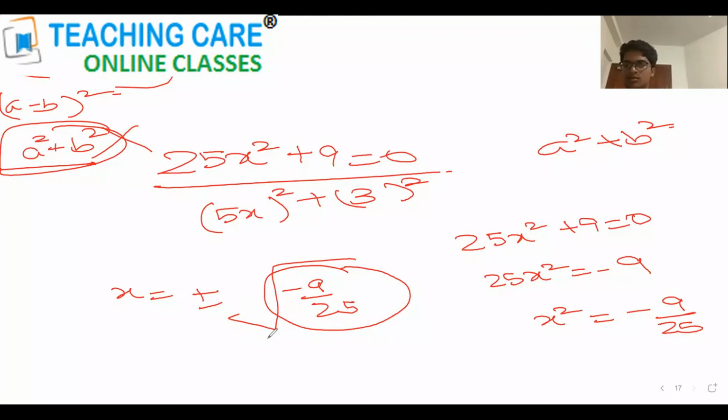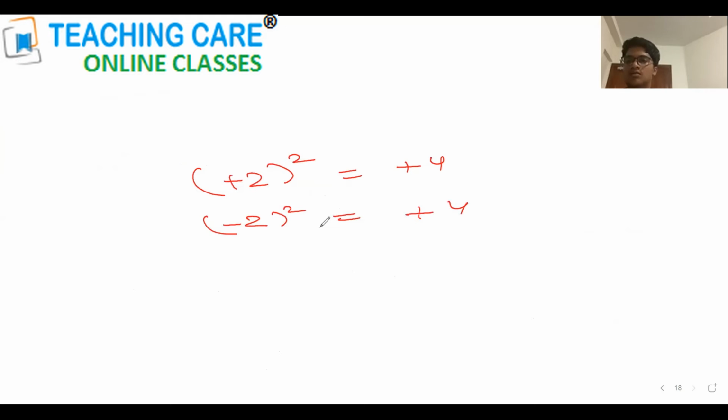Wait, why is it plus minus? Because when we solve, I'll just explain this to you before moving further. We know that the square of plus 2 is plus 4, and the square of minus 2 is also plus 4, right? So whenever we have a quadratic, Bhavin, we know that there can be two possible answers.